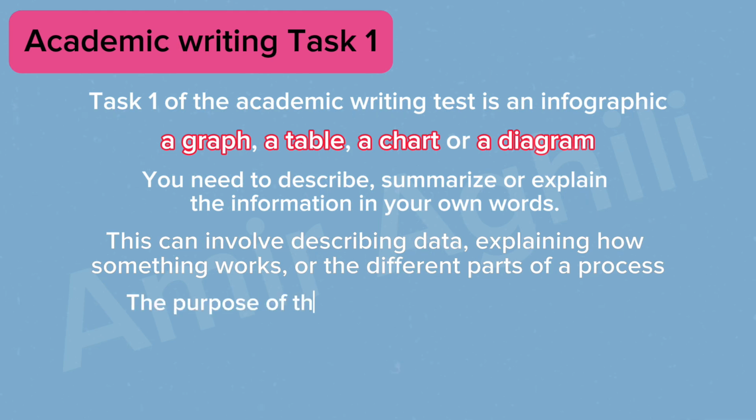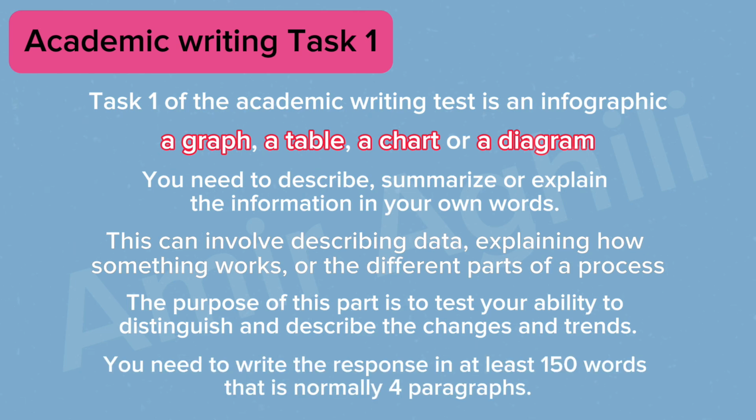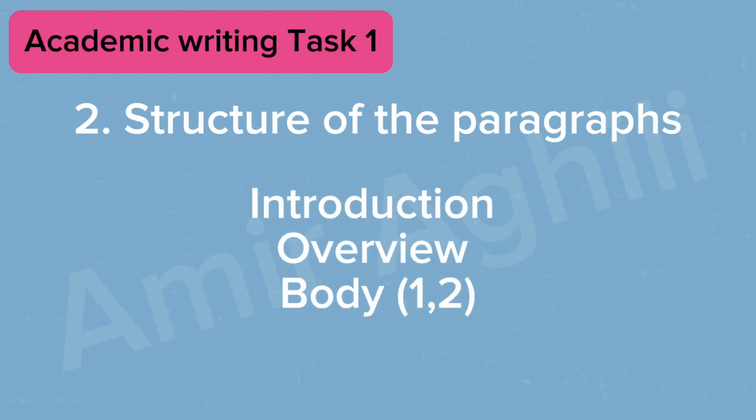The purpose of this part is to test your ability to distinguish and describe the changes and trends. You need to write your response in at least 150 words, that is normally 4 paragraphs. We have an introduction, an overview, and 2 body paragraphs.